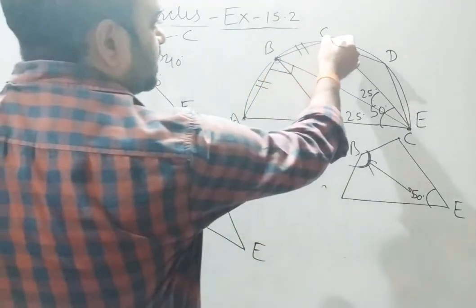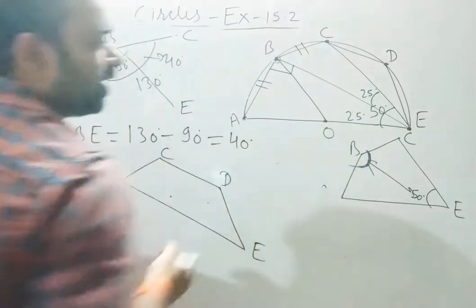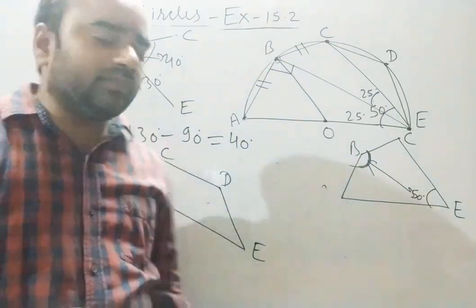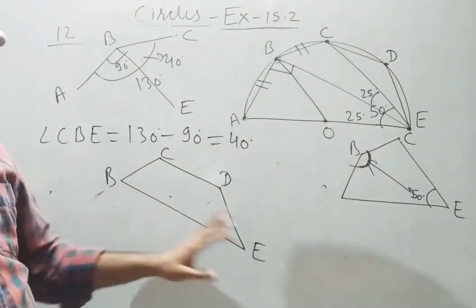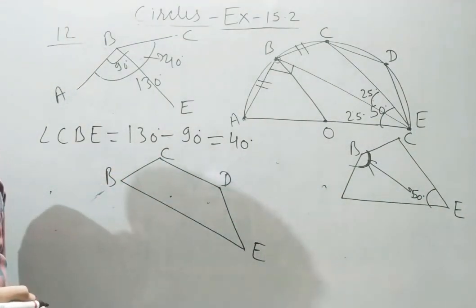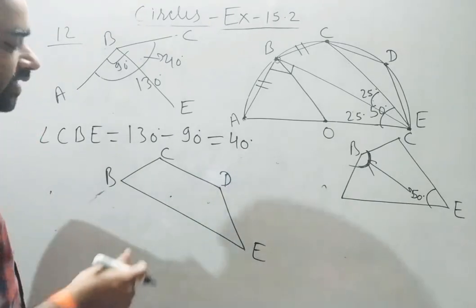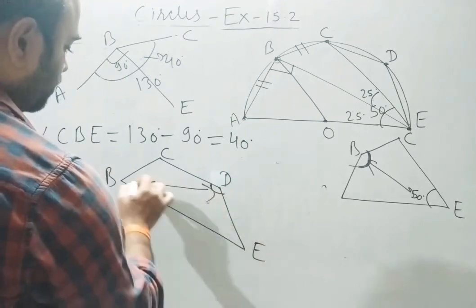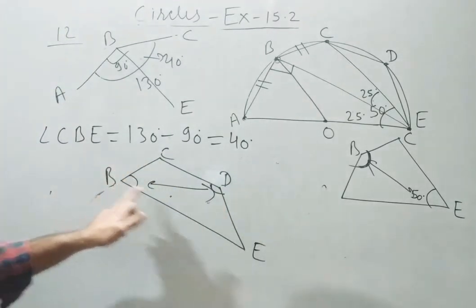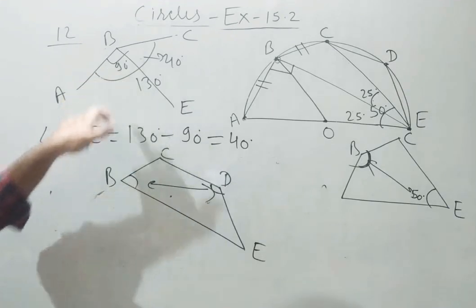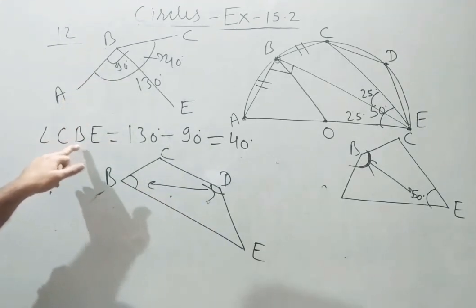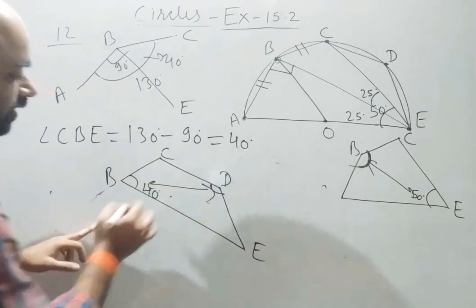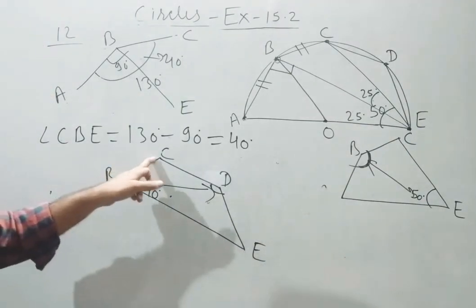So B, C, D, E all lie on the circumference and all are joined to form a quadrilateral. It means quadrilateral BCDE is a cyclic quadrilateral. We have to find the angle CDE. These two angles are opposite angles. Which ones? CBE and CDE. Already we have calculated angle CBE. What is the value of CBE we have calculated? That is 40 degrees. Correct? So what is the value of CDE?